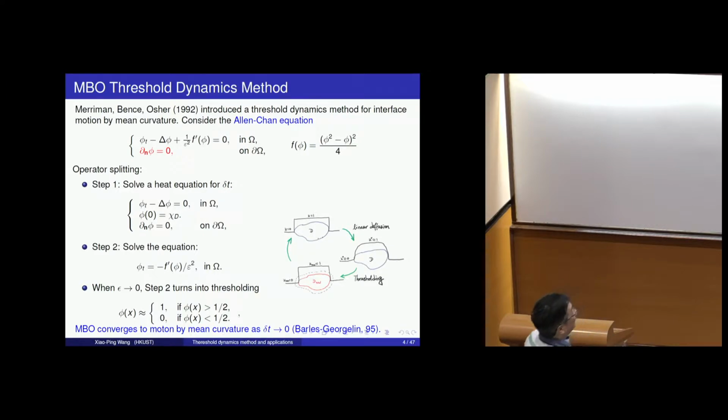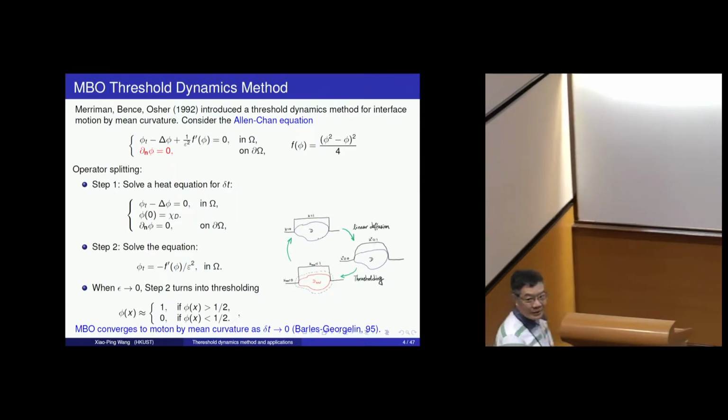One is the heat equation, and one is simple thresholding. And that gives you the motion by mean curvature. So it's also called diffusion-generated motion of interface. The order is delta t.